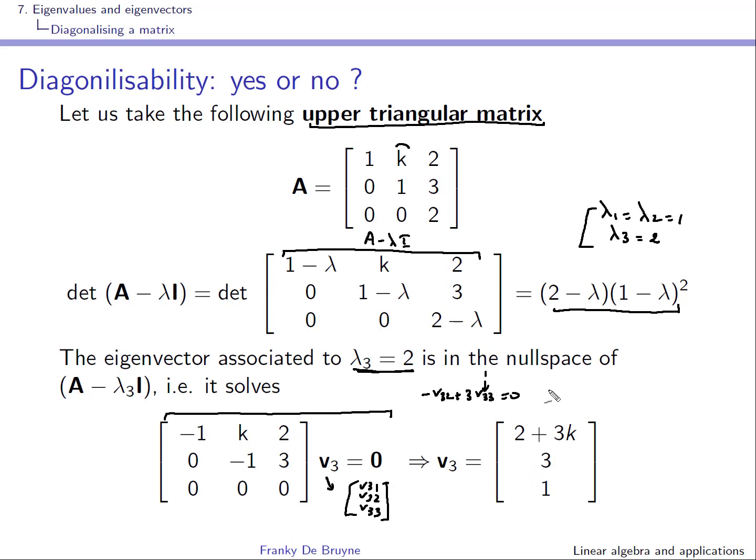The first equation is minus v31 plus k times v32, but v32 is 3, plus 2 times v33, so v33 is 1, so plus 2 is equal to 0, so this leads to v31 is equal to 2 plus 3k. Okay, and this is indeed what we have over here. So this is the eigenvector v3 associated to lambda 3 is equal to 2.